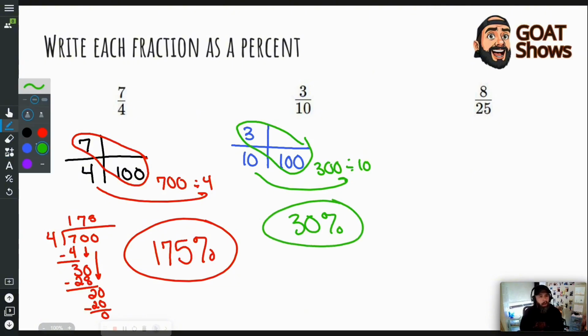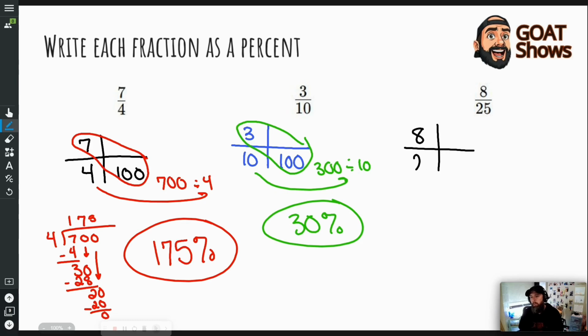All right, how about 8/25? Well, let's make a ratio table. 8, the numerator on the top left, 25, the denominator on the bottom left. And on the bottom right, we're going to have our 100, and the top right is going to be our new percent. So let's cross multiply the numbers that are diagonal from each other. 8 times 100 is 800, and we're going to divide by 25.